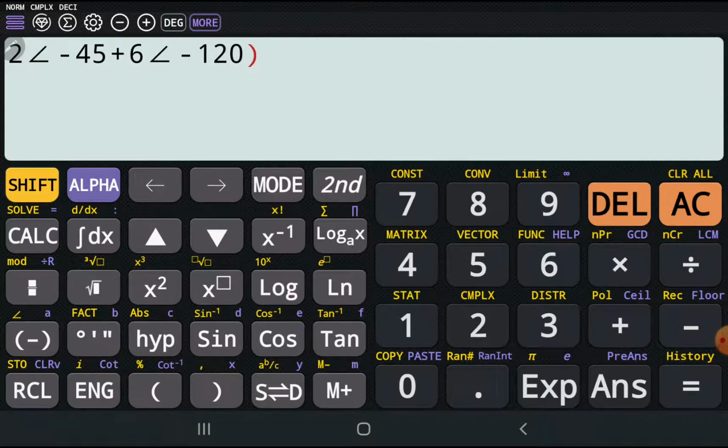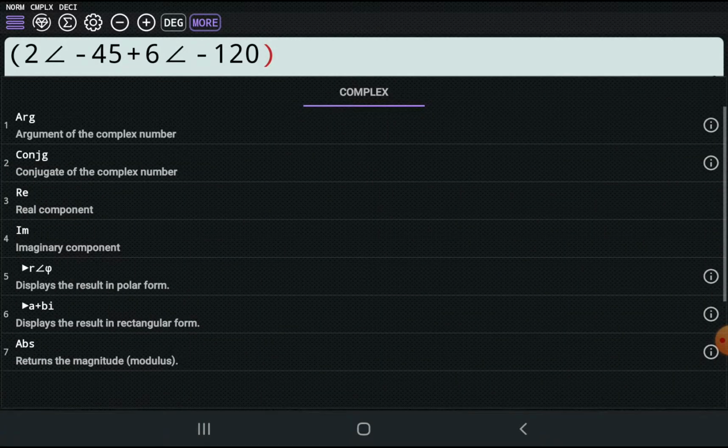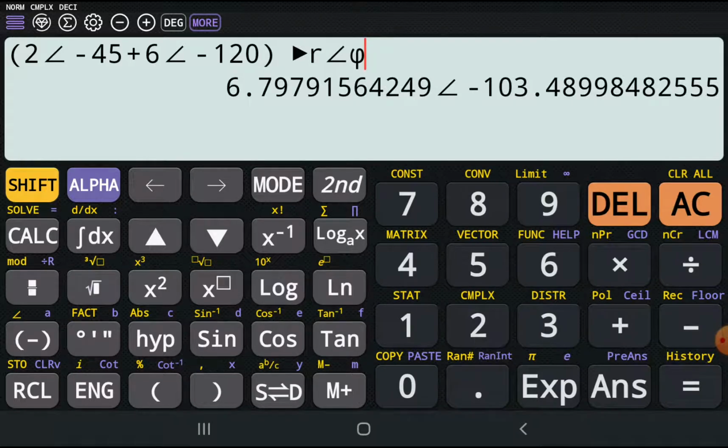So close and open parenthesis, and then shift 2 into its equivalent polar form. So in your calculator, you can check if your resultant force is correct. Take note that this negative here indicates that it is below the x-axis at a clockwise direction.